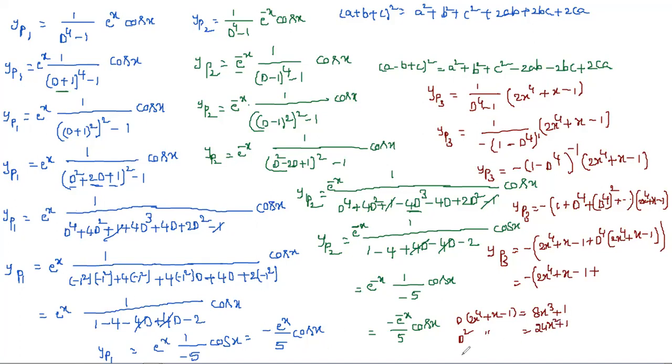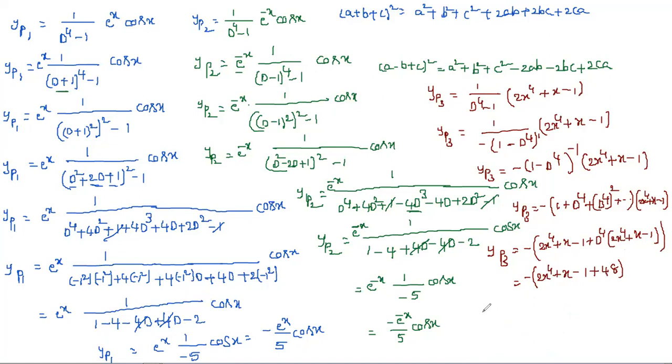And 3 times apply, the derivative of 24x square is 48x. And 4 times apply, it is 48. So the entire 4 times derivative of this one is 48.